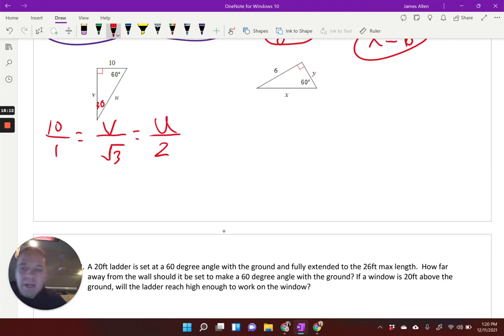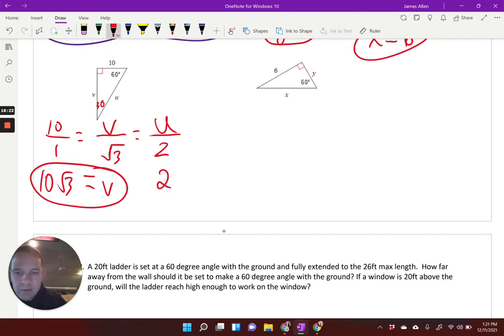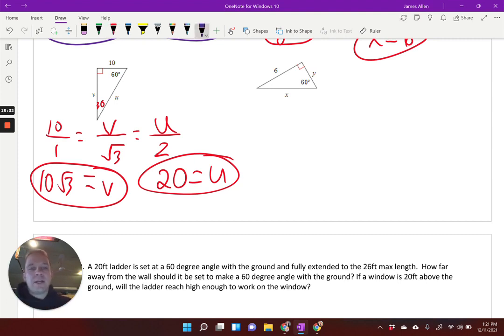Actually, this one works out really nicely. 10 times root 3 is 10 root 3. 1 times V is just V. I'm done with V. And then for U, it'd be 2 times 10 is 20 equals 1 times U is U. I'm done with that. That one was nice. Not too bad. All right, next one here.